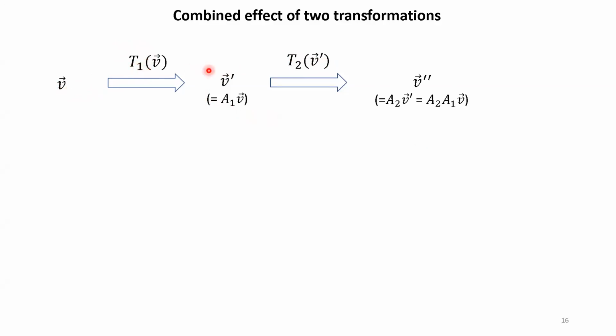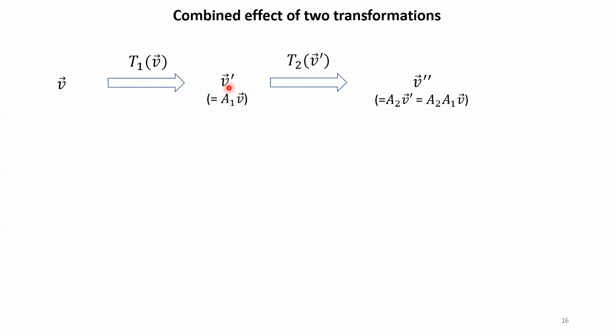Then I get v prime, and this v prime is equal to A1 v, where A1 is the transformation matrix for T1.